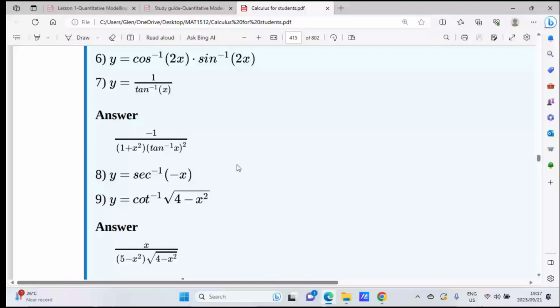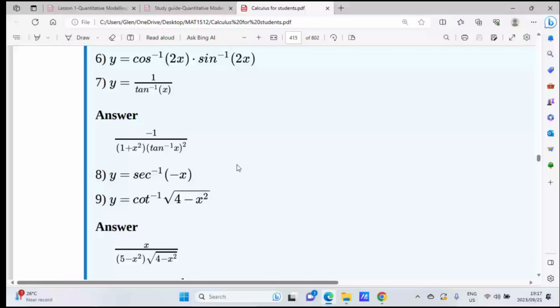Okay. So it's x, and your answer, the numerator at the top, negative x.